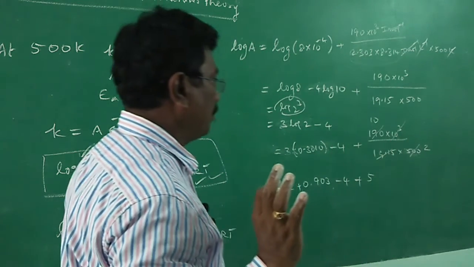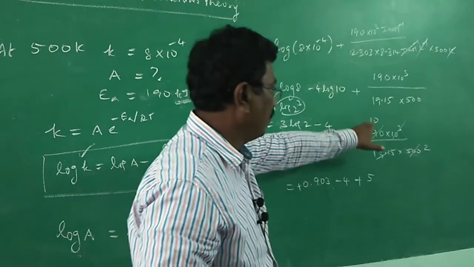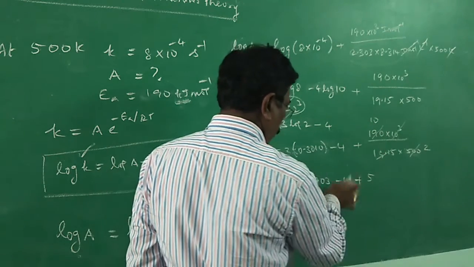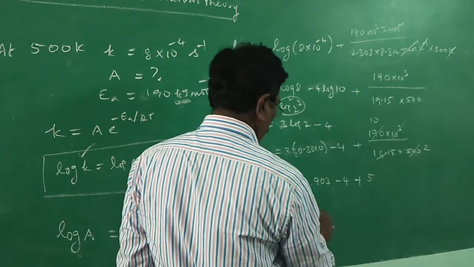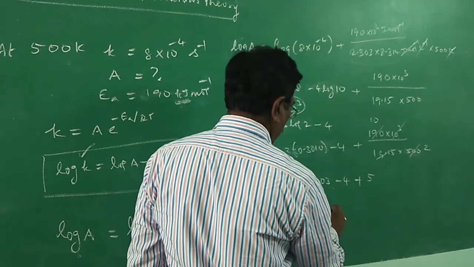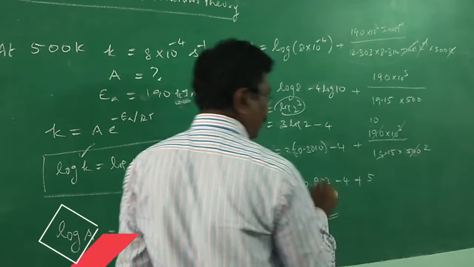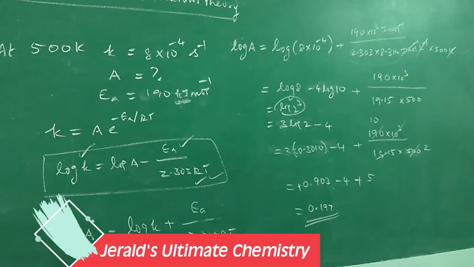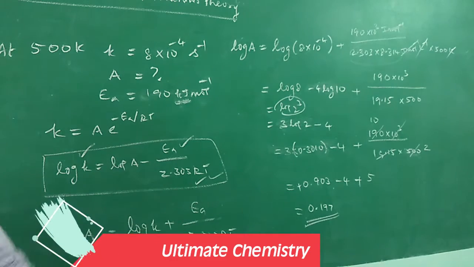I gave just an approximate value. It may be a little bit less than 5, which is equal to 5 minus 4, 1, which is equal to 0.197. That is said to be EA. If you do the calculation, you may be getting this value. If I went wrong somewhere, you may get some other value. Hope this may be the correct value. All right.